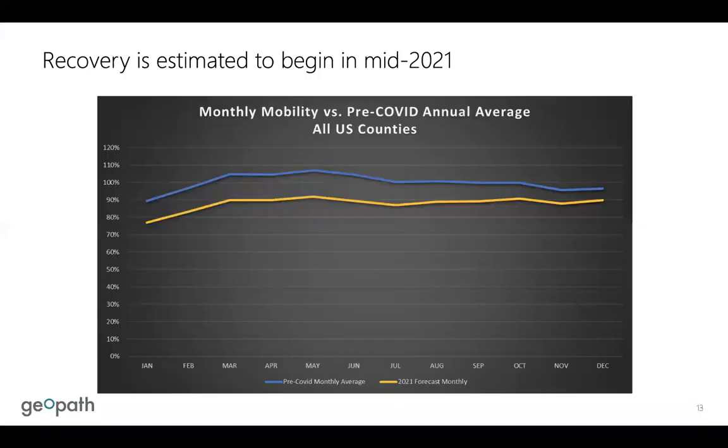Right. And I think that's a nice segue into this slide, and how we're starting to anticipate recovery, and how that plays into our 2021 annual forecast. One of the common questions we get in Geek Out and among our members is, do our 2021 impressions account for COVID? And the answer is yes. To this point, you can see the blue line, which is the pre-COVID monthly average.